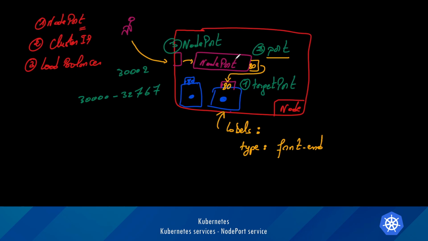Now, to tell the NodePort service about the pods that should handle the coming requests, we will use selectors, and we will tell the NodePort service that the pods that should handle the coming requests are the pods having the label type frontend. Because only these pods have the label type frontend, the coming requests will be forwarded only to this pod, because the second pod here doesn't have the label type frontend.